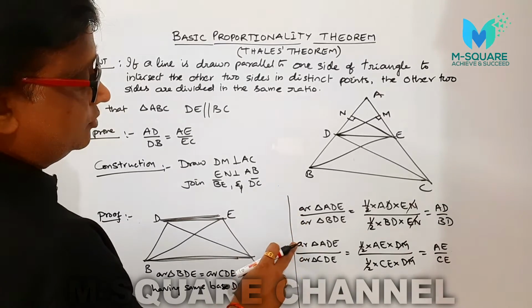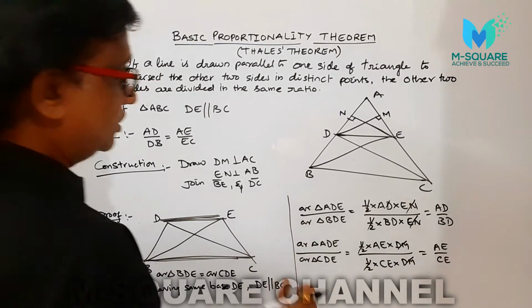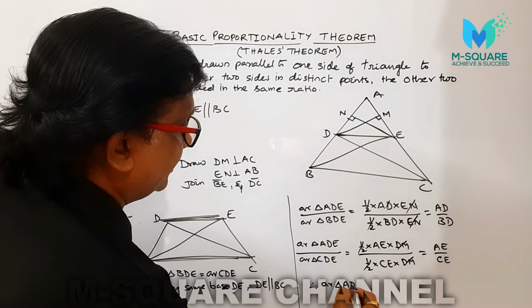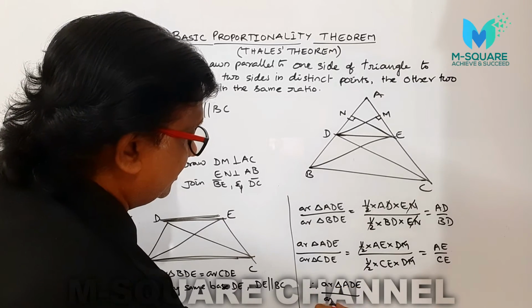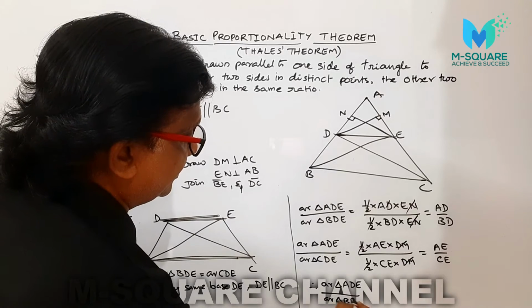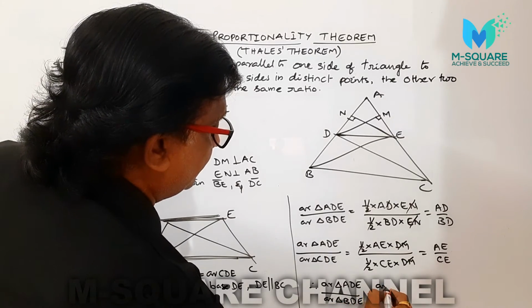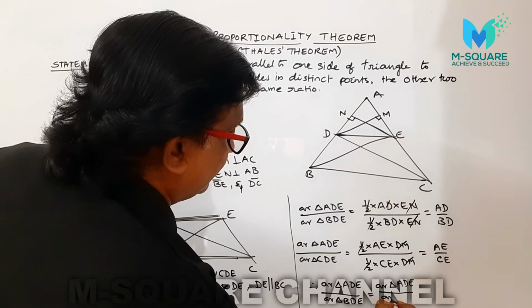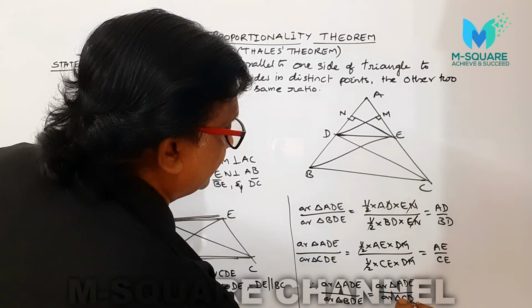So the numerators are also equal. Therefore, area of triangle ADE by area of triangle BDE is equal to area of triangle ADE by area of triangle CDE.